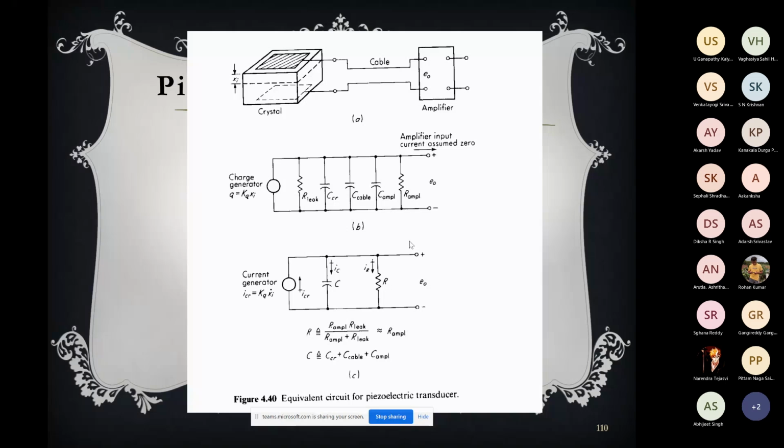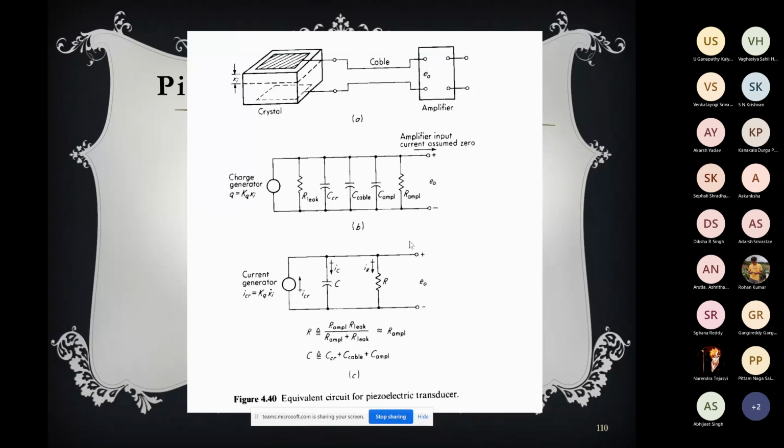So here we can think about the current generating circuit generating current ICR, and there are one equivalent capacitance and one equivalent resistance, and you are getting E0 out of that. Okay, this is the full circuit diagram or equivalent circuit diagram.